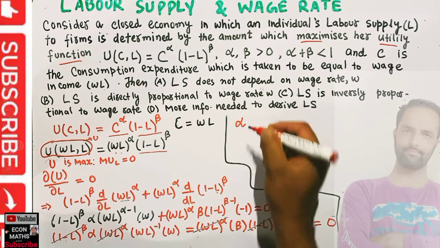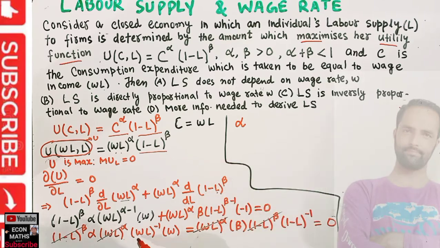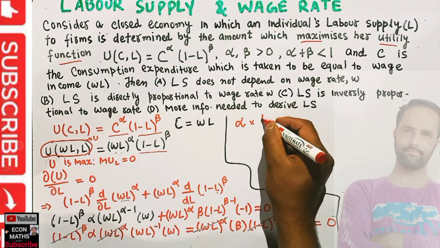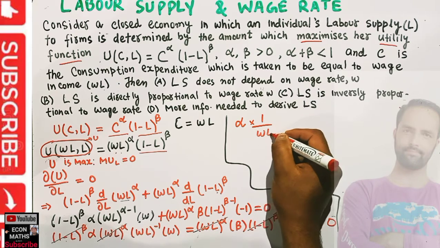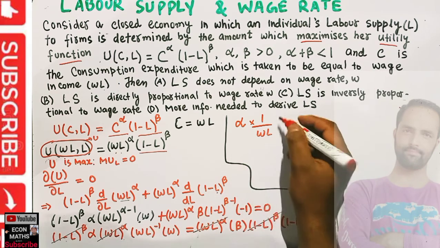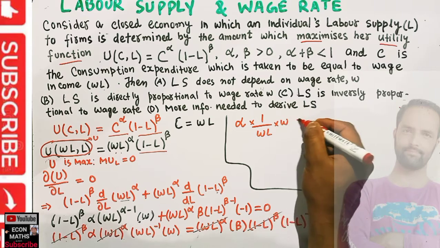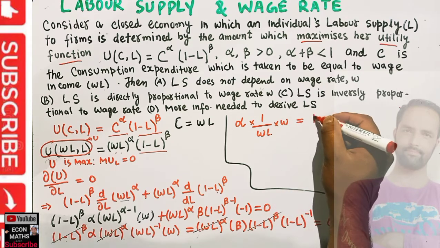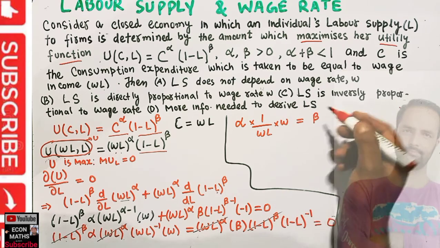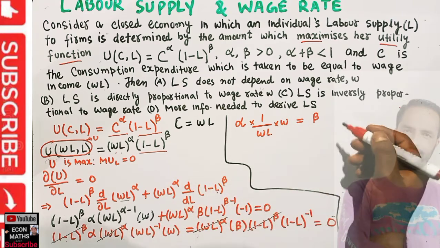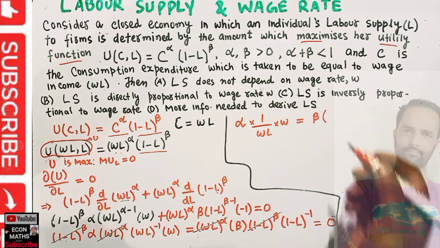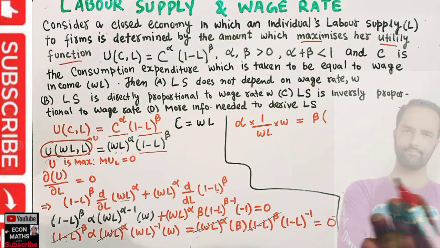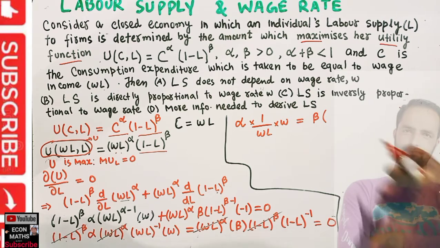alpha, then we have (WL) raised to the power minus 1, which can be written as 1 upon WL, times W, is equal to beta. We just want to solve this for L to see whether labor supply depends upon the wage rate or not.